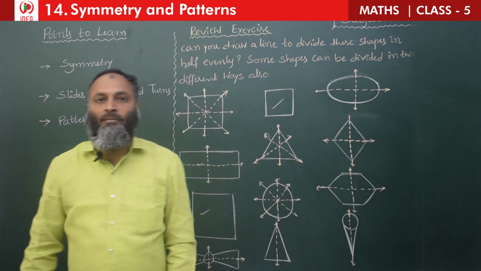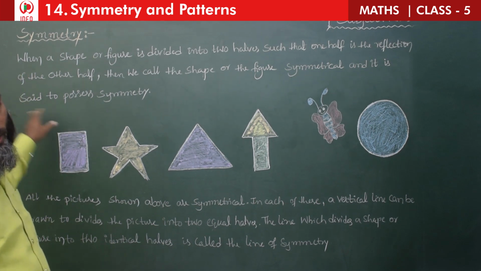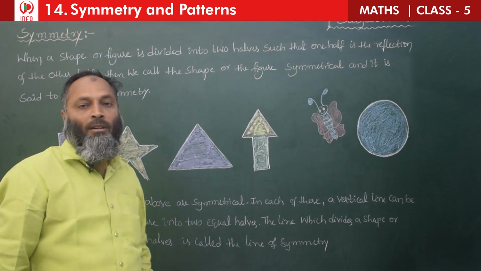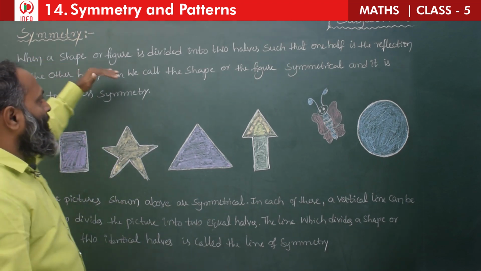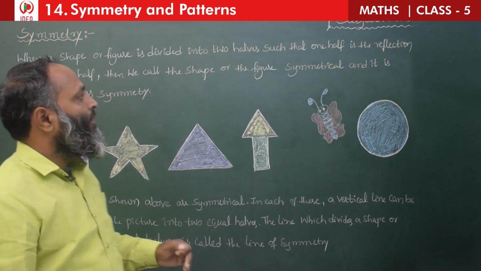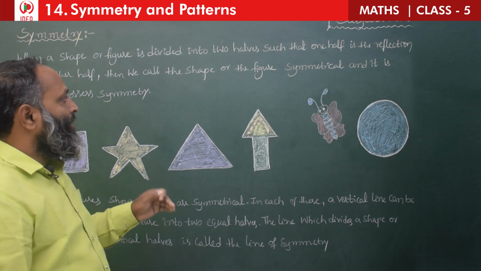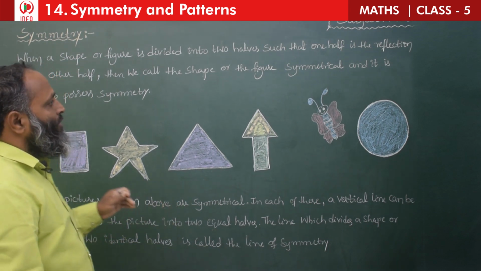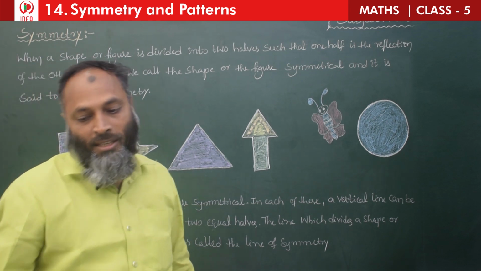Okay, so now next, symmetry. What is the symmetry definition? See here, the symmetry definition: when a shape or figure is divided into two halves such that one half is the reflection of the other half, then we call the shape or the figure symmetrical, and it is said to possess symmetry.